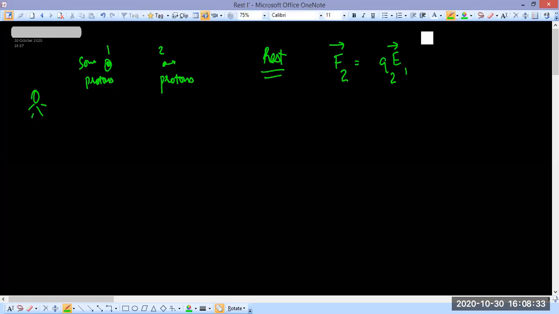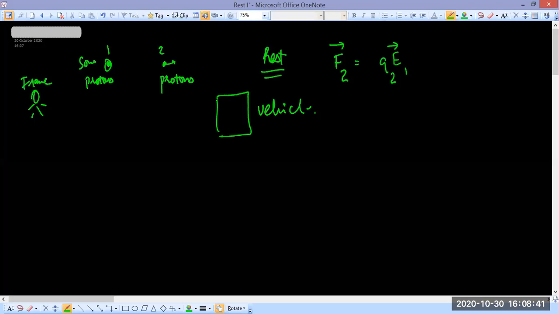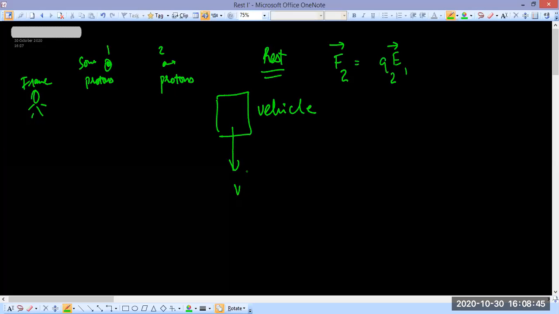But now if you would observe this not from this frame, but let's say from a vehicle, right, which is moving towards this side with a speed v, let's say. So if you observe it from such a frame, what you are going to see is that both of these protons, they are moving towards this side with a velocity v vector, right?